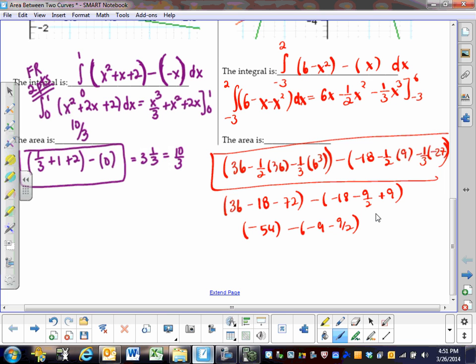So if I were finding a common denominator, I would have negative 108 over 2 plus 18 over 2 plus 9 over 2. So putting all that together without my calculator, I would probably do these 2 at a time. So I would do 2 at a time and get negative 108 plus 18 is going to be negative 90.